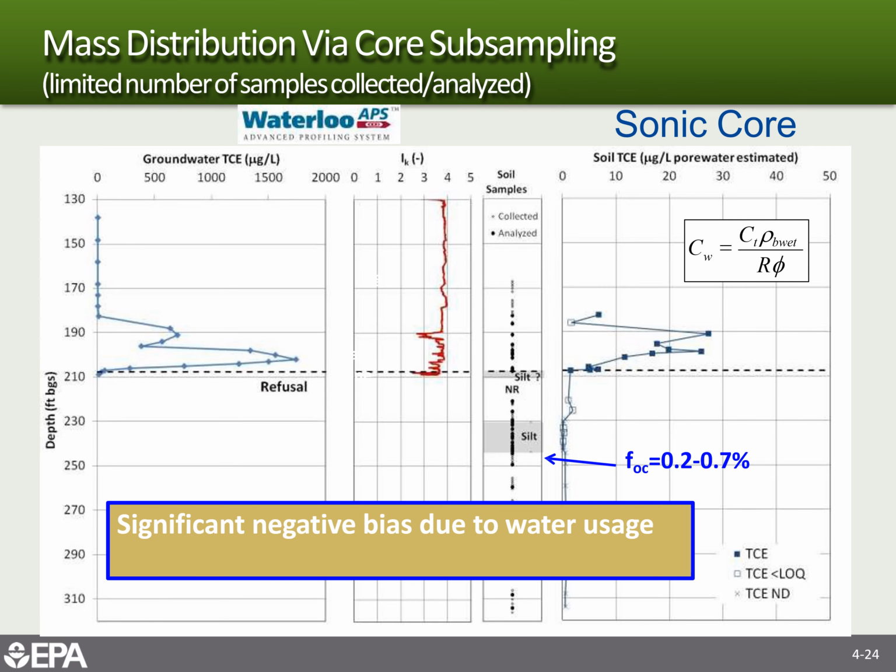So this is an example where the water usage really diluted out the TCE that was in that particular zone.